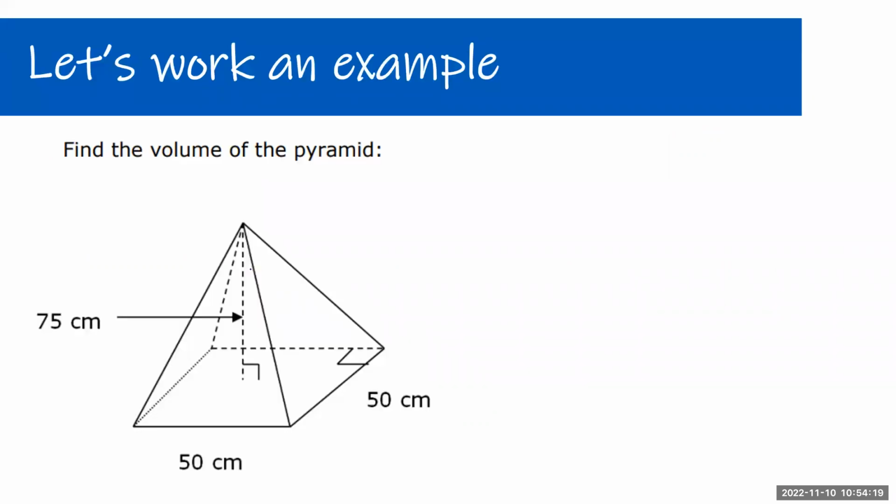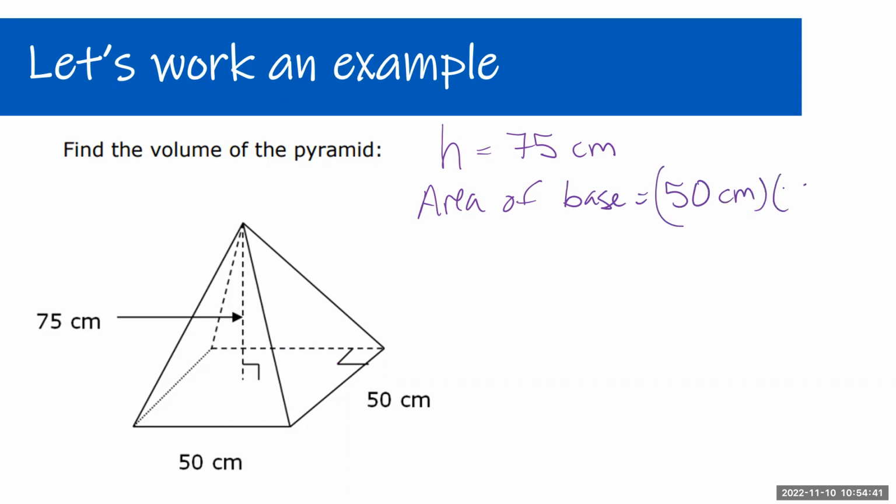If we want to find the volume of this pyramid, let's list what we know. We know that our height is 75 centimeters. And we know that our base is actually a square. Okay. So the area of our base has to be 50 centimeters times 50 centimeters. So our volume has to be 1/3 times that area of base times our height.